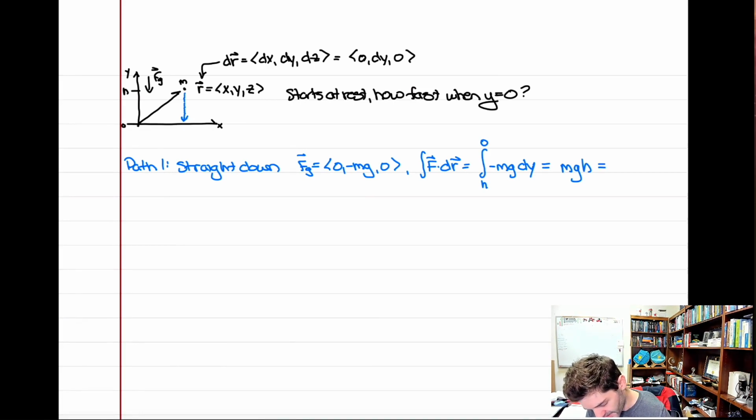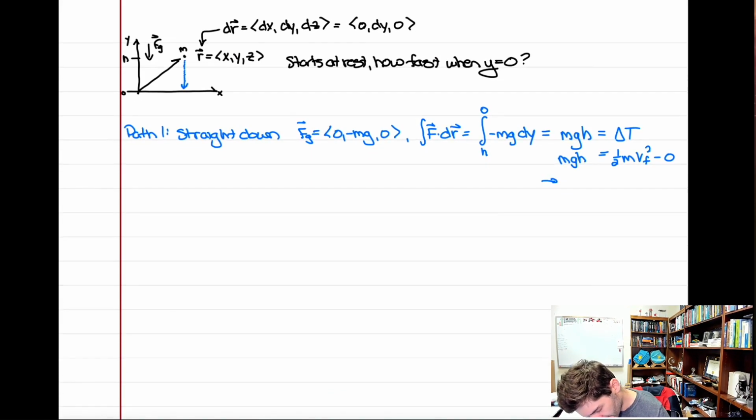mgh, which then by the work energy theorem equals the change in kinetic energy, which if I tell you that it started from rest, then that's 1/2 m v final squared minus 0 equals mgh. Or it looks like the square root of 2gh equals v final.